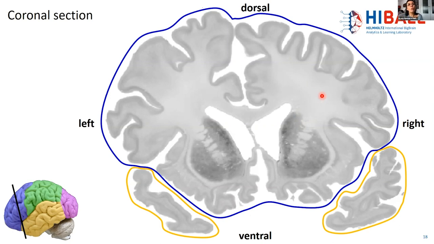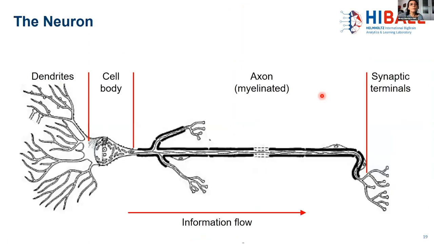And just so that you know why we call these two parts of the brain gray matter and white matter, I'd like to introduce you to the neuron, which is the main cell type that we find in the brain, okay? And a neuron has different parts. It has the so-called cell body, okay?